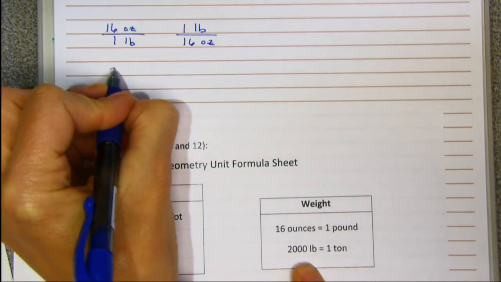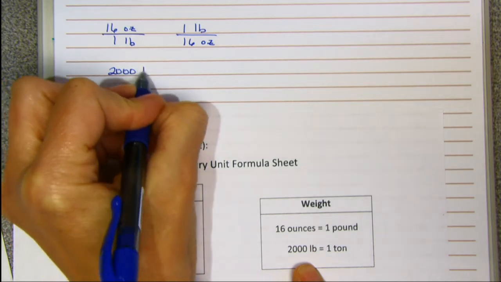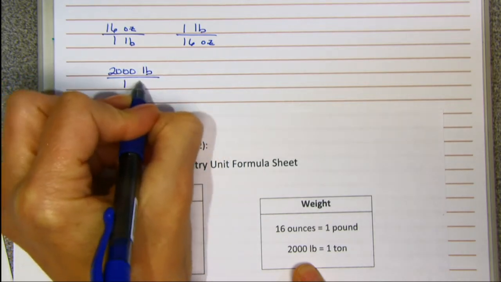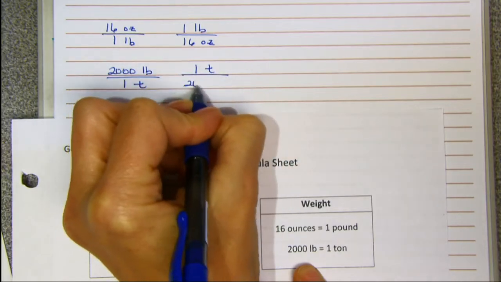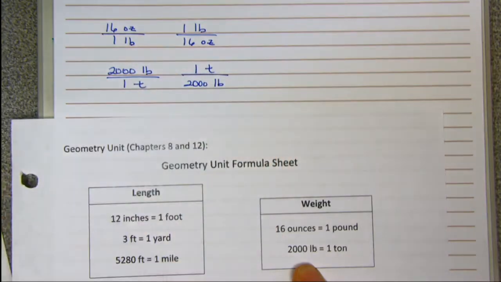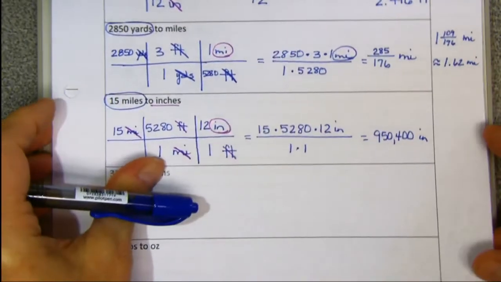The other one would be unit conversion, 2,000 pounds over 1 ton, or 1 ton over 2,000 pounds. So it just is determined by what the example is.